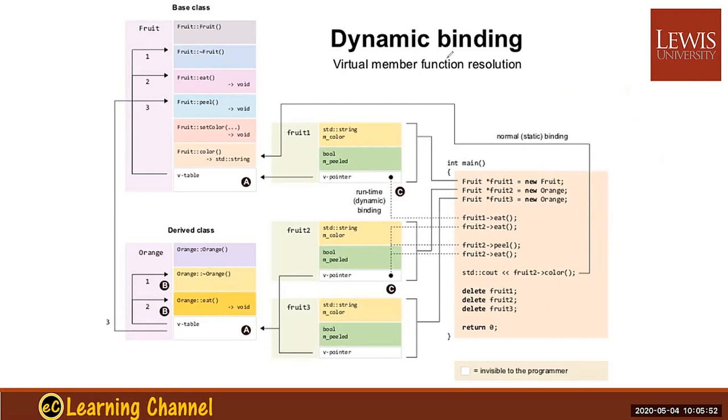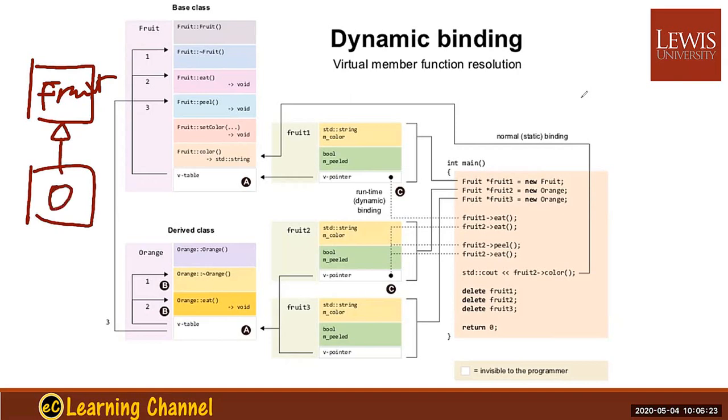Here we have a base class called flu, and a derived class called orange. Two different classes. Orange extends the flu class.